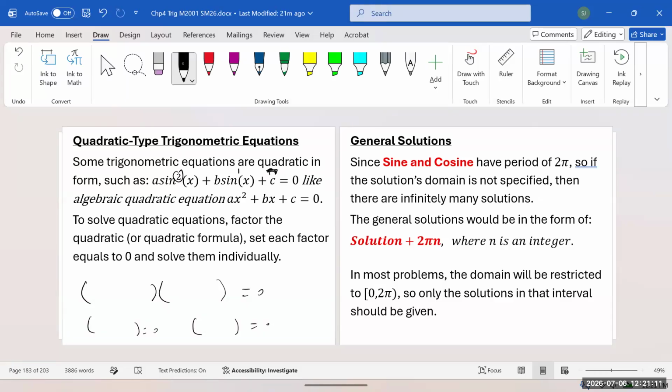Usually the domain is from 0 to 2 pi, but not always. They will mention it definitely. If they don't mention it, that means it's a general solution, meaning infinitely many solutions. An integer means -2, -1, 0, 1, 2, all these whole numbers, positive and negative.